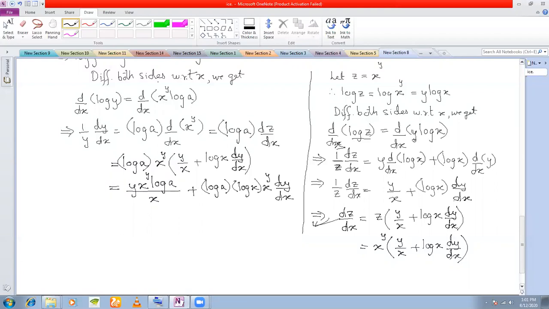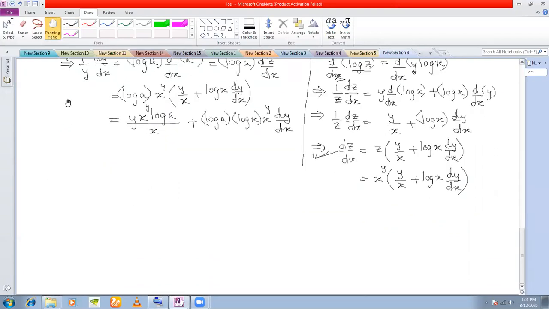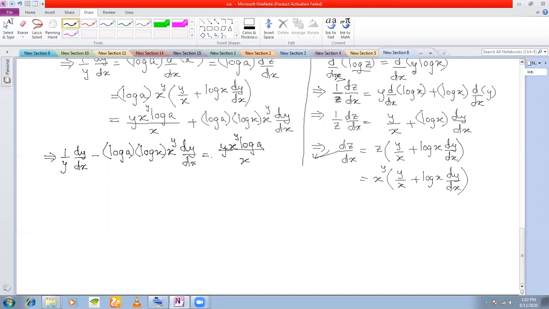Now take the dy/dx terms together. That means what do I get? 1 by y dy/dx minus log A into log x into x to the power of y dy/dx is equal to y x to the power of y log A by x, right?